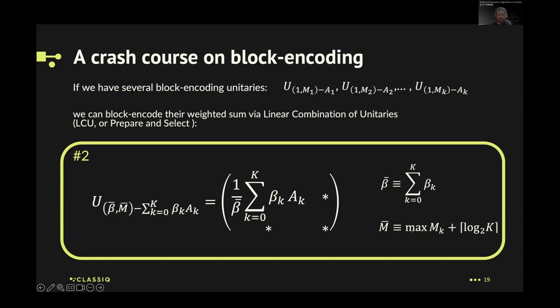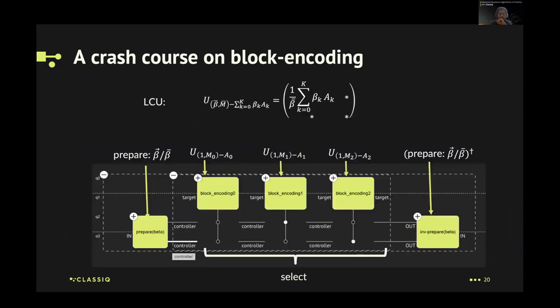You can see the size of the block, which I called m bar, and how it is related to the problem. The normalization coefficient, beta bar, depends just on the sum of the betas. So this is the second thing to know: I know how to block encode a weighted sum of unitaries.